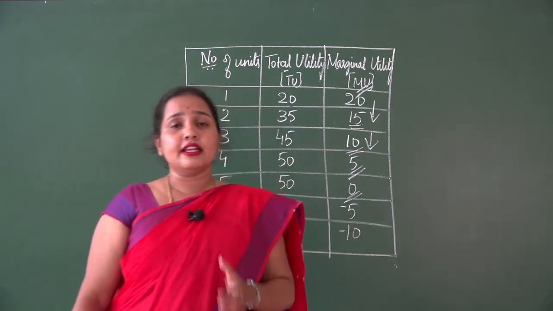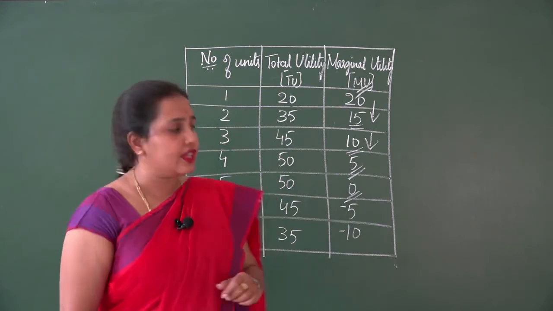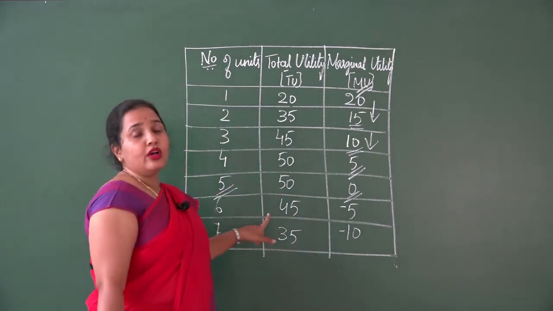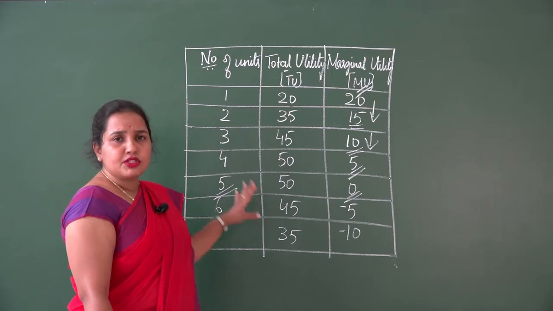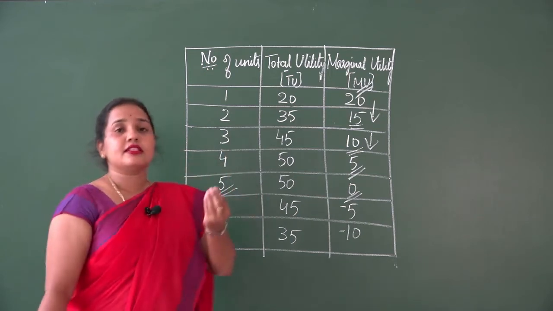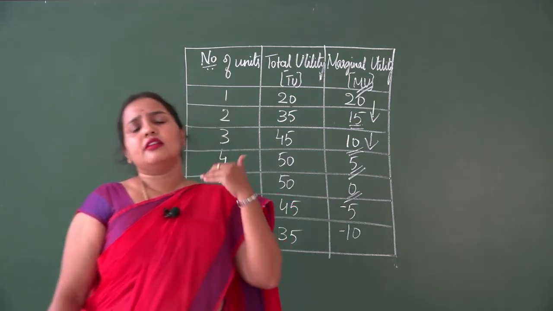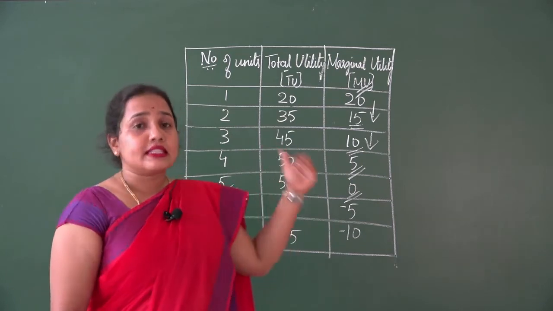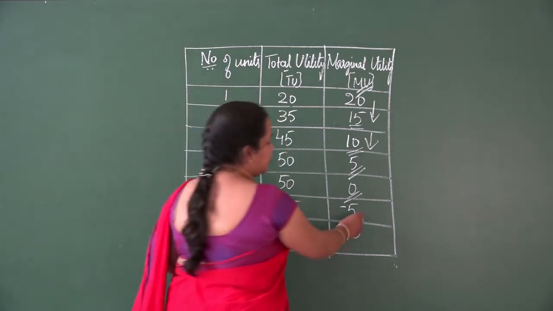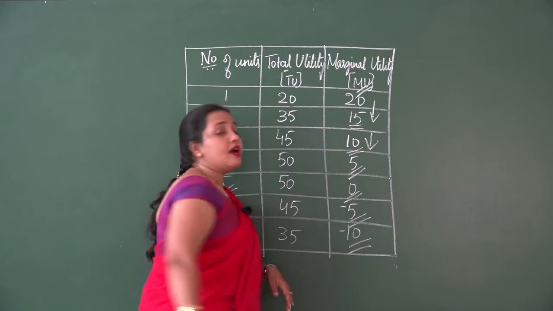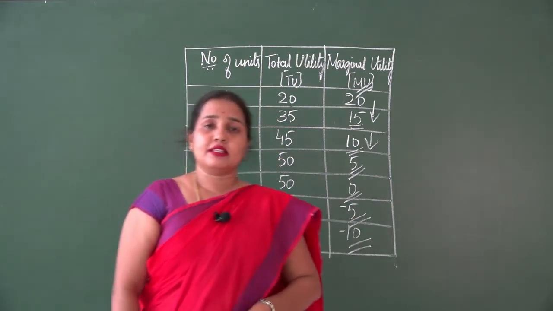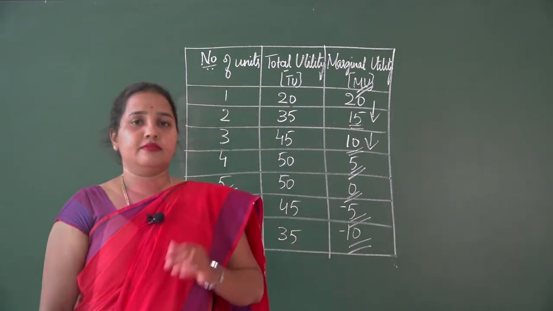It takes a negative value. That is what we can see here. Even if the continuous consumption is made, the utility derived from the 6th and 7th unit takes a negative value of -5 and -10 respectively.